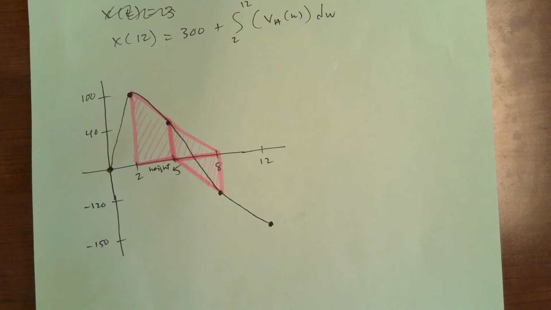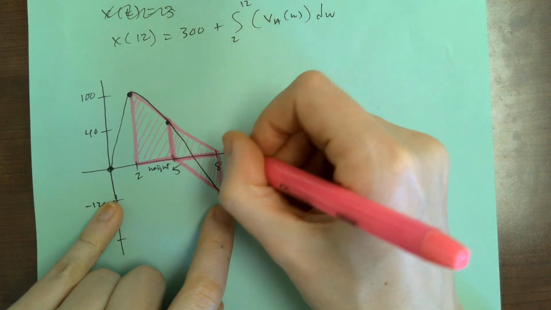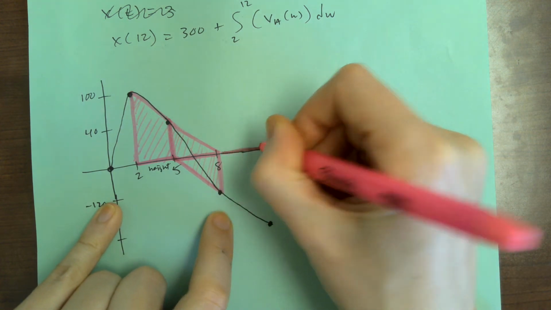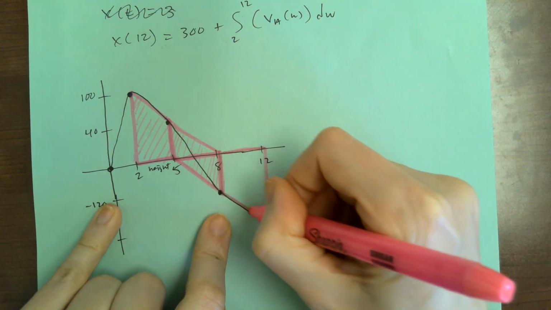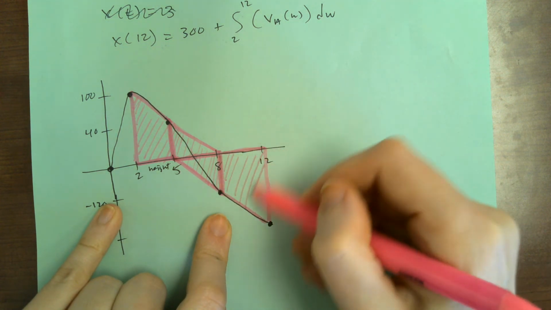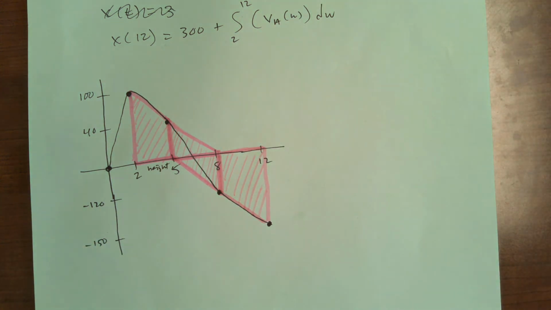Okay, and then for this last one, this is the height, and then like base 1, base 2. All right, so there's this trapezoid. This one here is actually a parallelogram, but a parallelogram is a type of trapezoid.